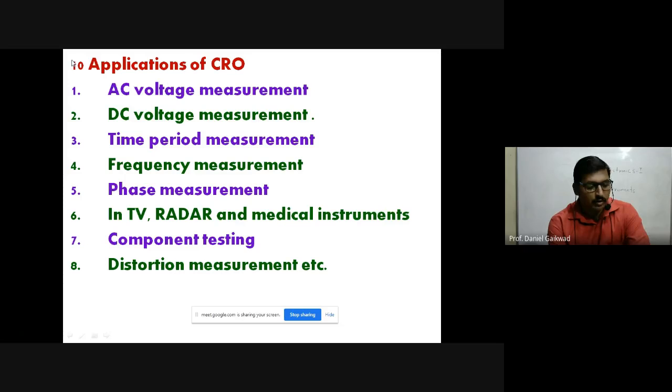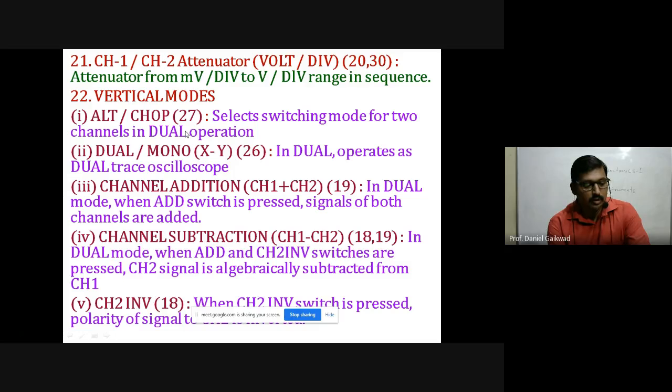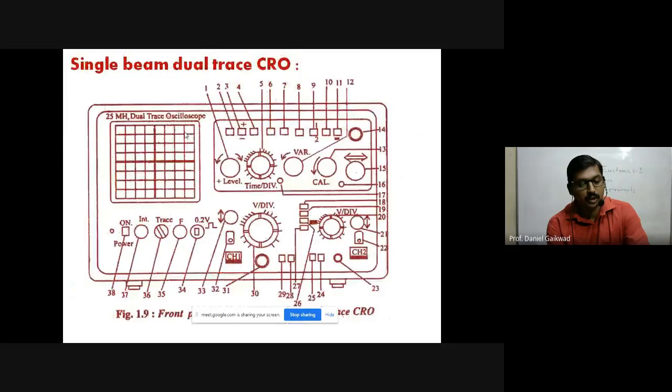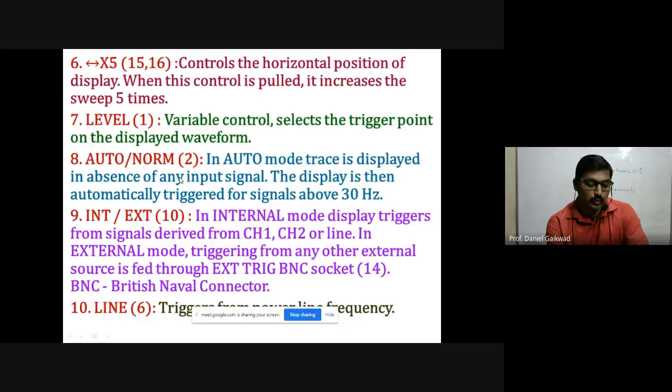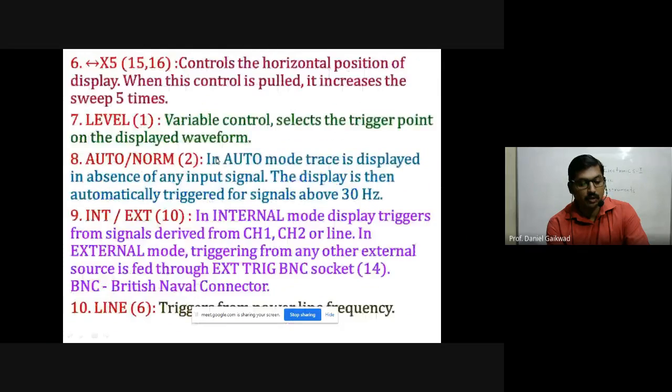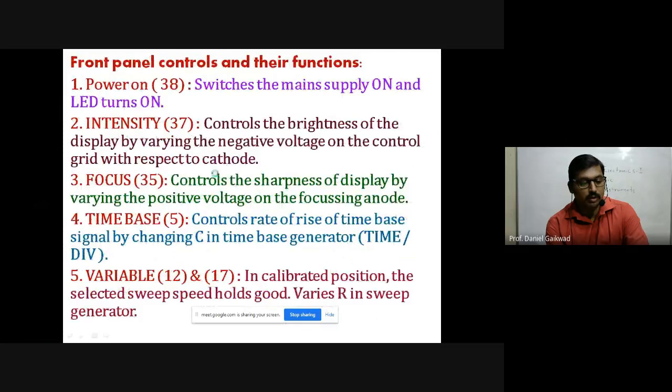Okay, next. So these are the number of keys or knobs on the front panel of the CRO. We are going to learn this once again in the practical. Practically, we have one practical where we will be using the CRO.